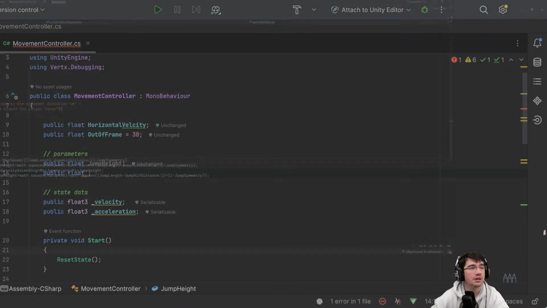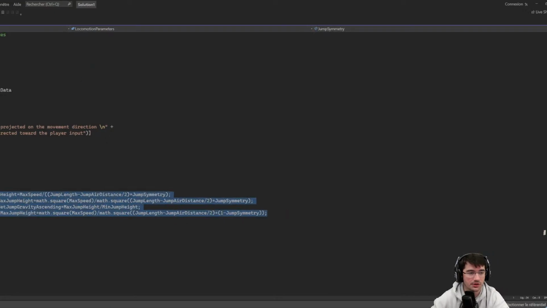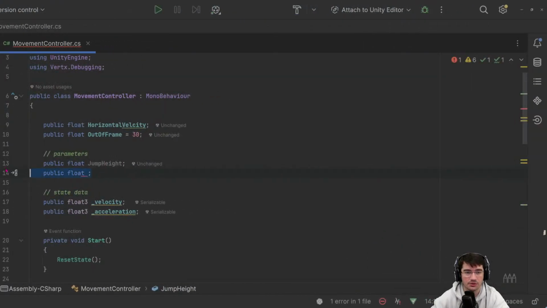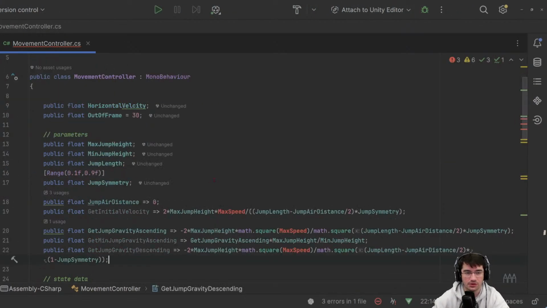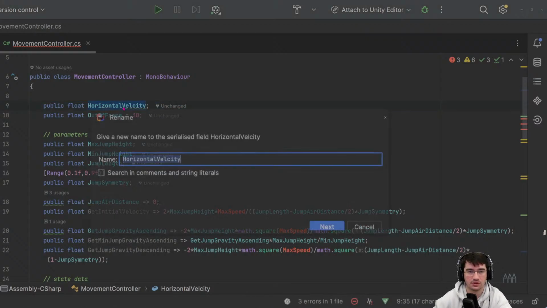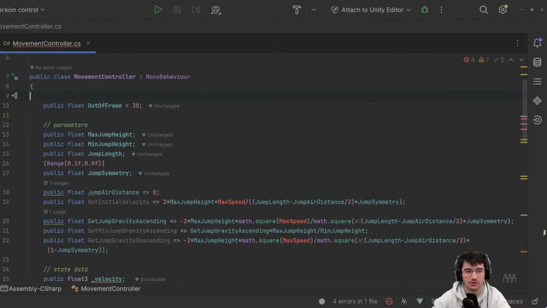Actually, let's look back at my other parameters. Those are all the parameters I had for the jump. So I can copy those here. And the max speed, let's rename this to max speed.